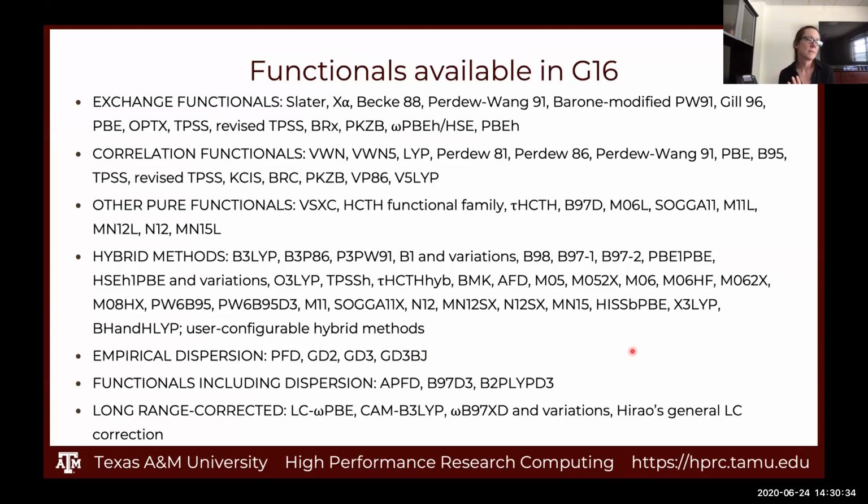Some of them are developed for very specific things. Gaussian has a habit of just implementing as much as it can so that you have it at your disposal. You will find that different programs implement different amounts of the functionals, okay? And some have specialty functionals that you can't find in other pieces of software, okay? So not all of the functionals that have been developed are available in Gaussian, and Gaussian has some functionals that aren't available in other programs.